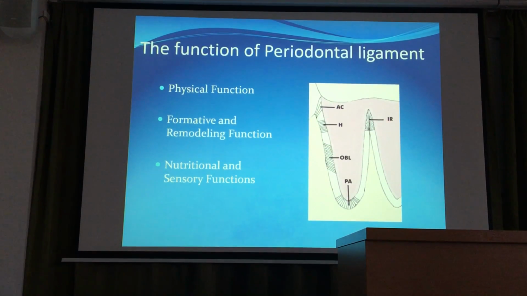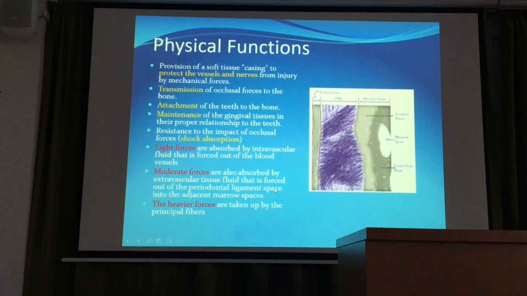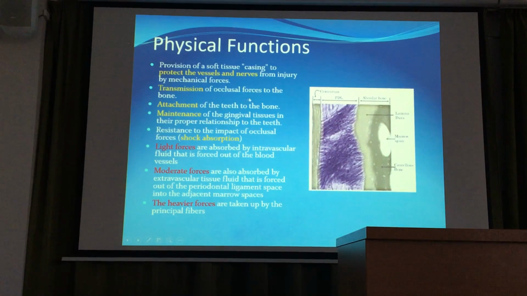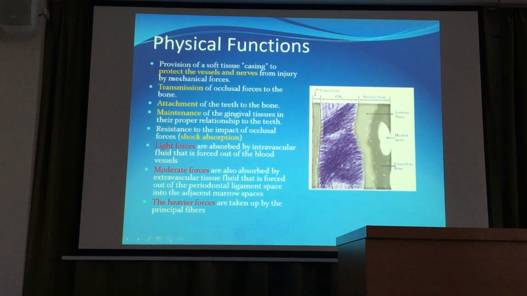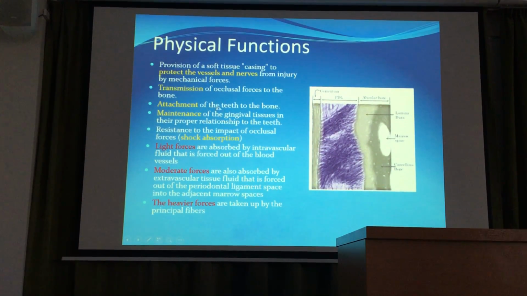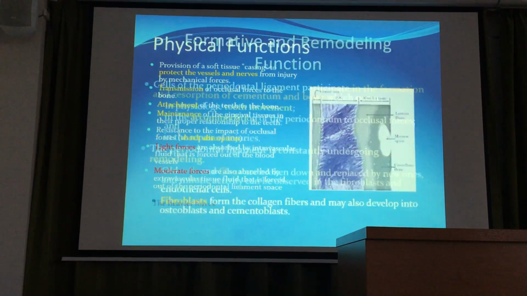We have physical functions, formative functions, and nutritional and sensory functions as well. Let's see quickly an example for this. First, for the physical function, I wrote: to protect the vessels and nerves, transmission of the occlusal force to the bone, attachment of the teeth to the bone, and of course maintenance as well. So many functions make this tissue very valuable.